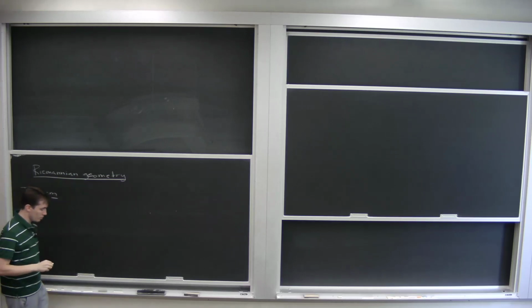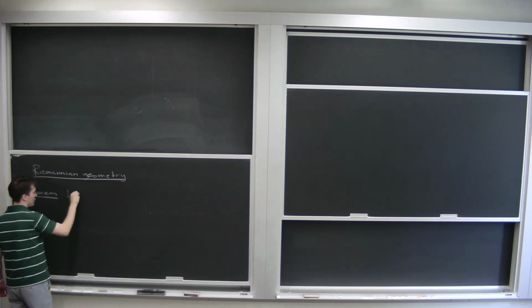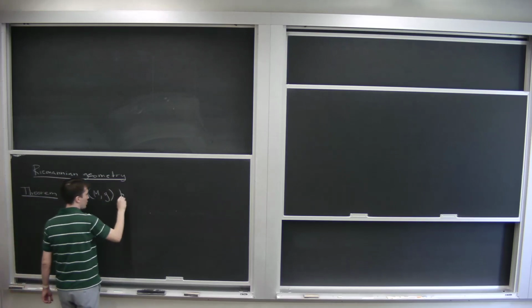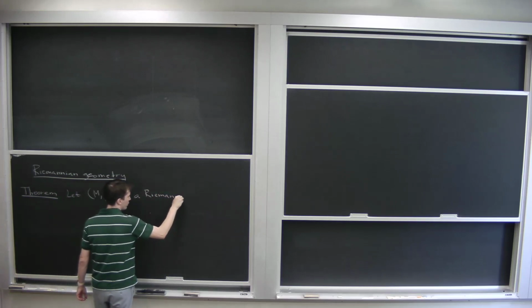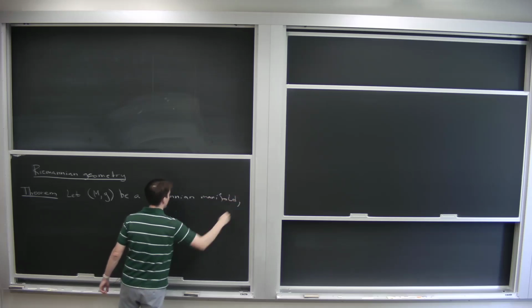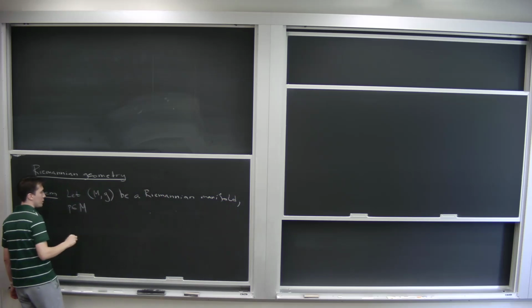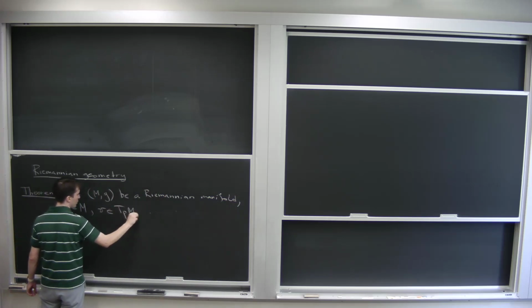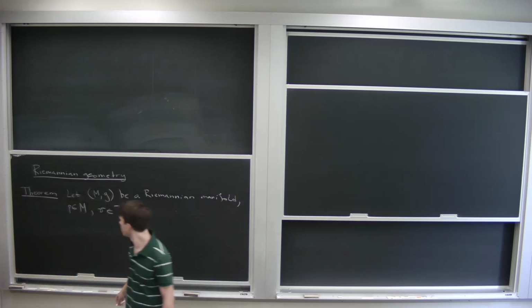First of all, I want to give the following theorem. Let (M, g) be a Riemannian manifold, p be any point in M, and v be a vector from T_pM.